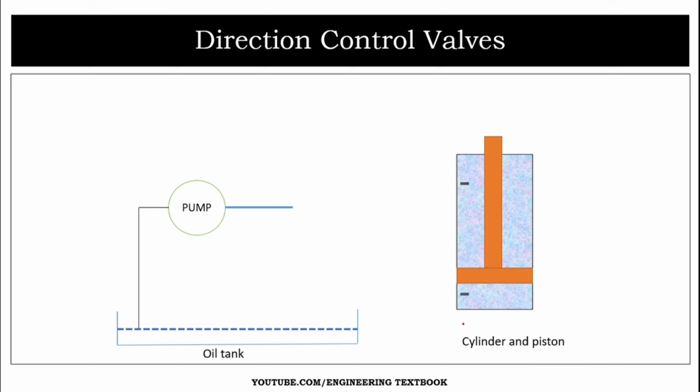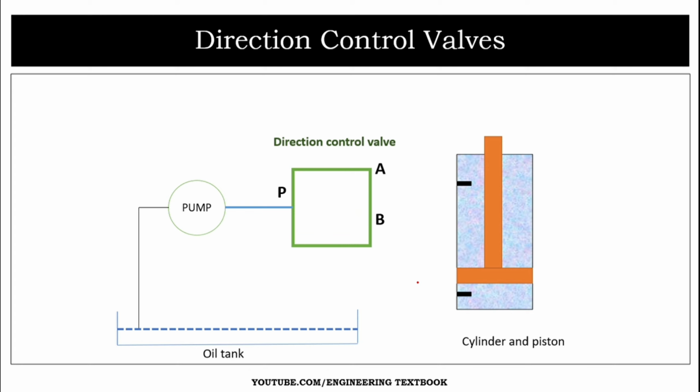The cylinder has two ports. So, how do we control the oil coming from the pump to the cylinder? I mean, how do we know from which port the oil will travel first and which port the oil will travel second? This is done by the direction control valve.